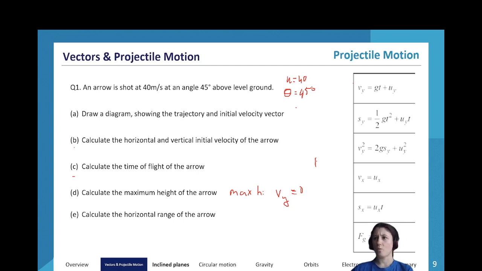So, why is this? Why is the maximum height when the velocity in the y direction equals 0? Think about it like this. Say we have a projectile. This is the ground, this is the projectile. Where does the maximum height occur? Visually, it occurs here.